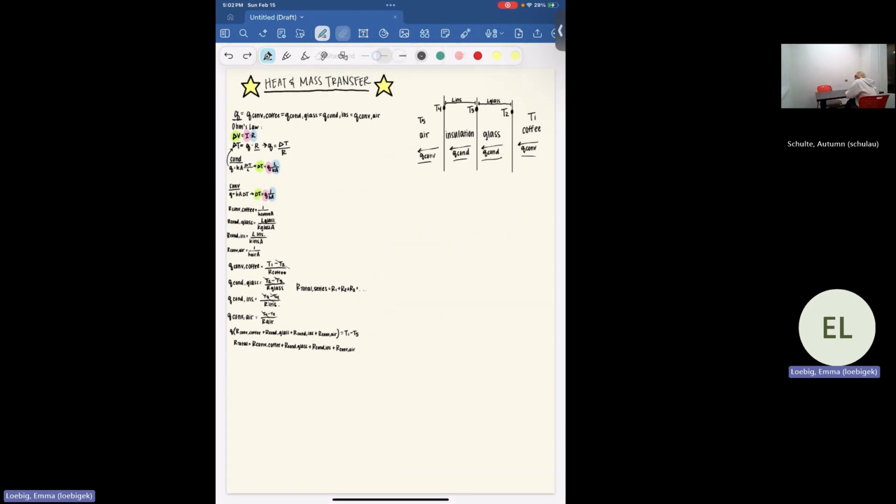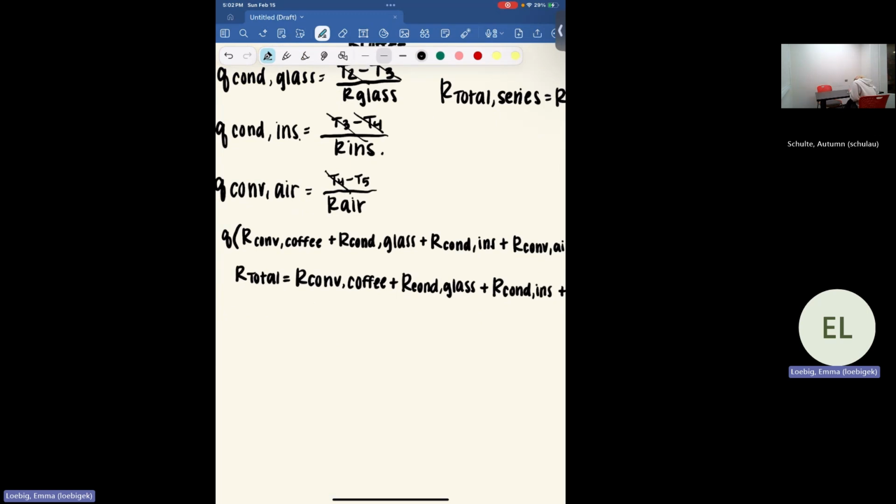And we already wrote out these terms up here, so we can simply just take those and plug them into our equation for total resistance.